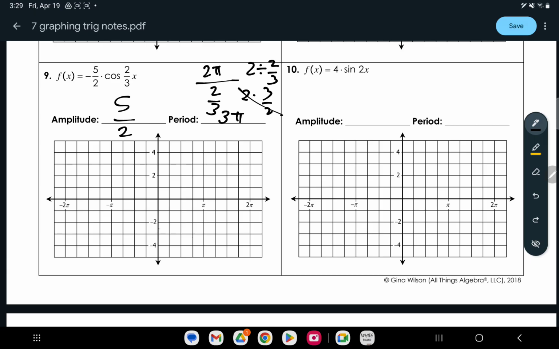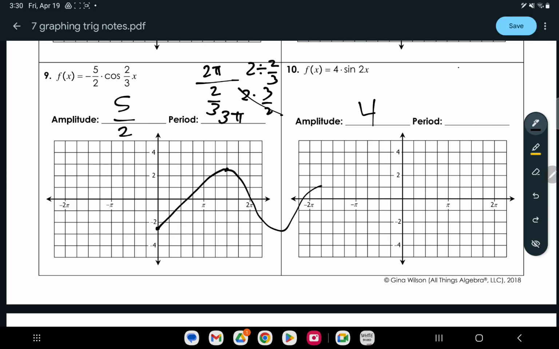So it's 2.5, 2.5. It's going to repeat at 3 pi, which is off graph. So the halfway point is somewhere here at 2.5. So something like this-ish. If that's good enough.